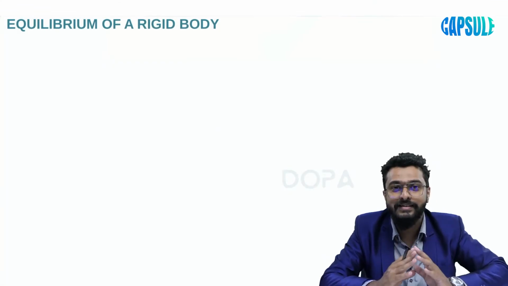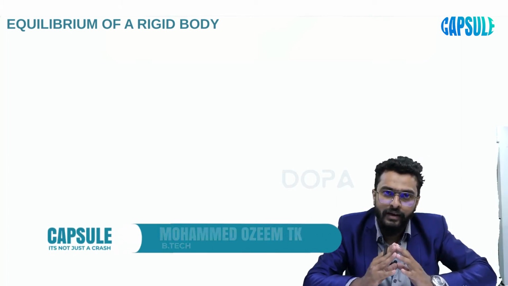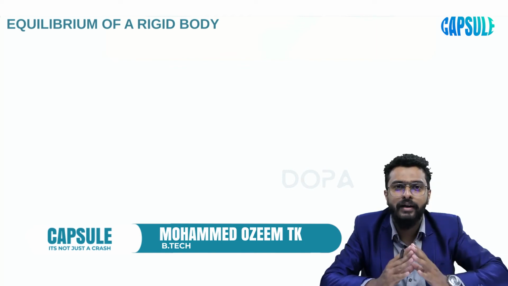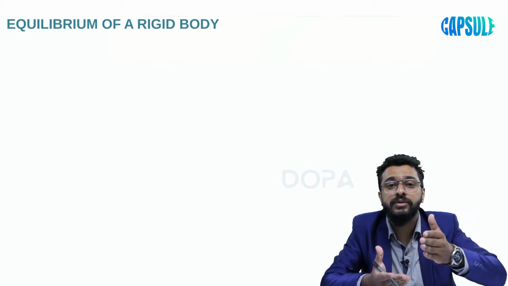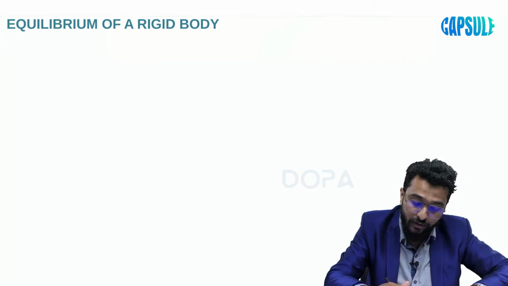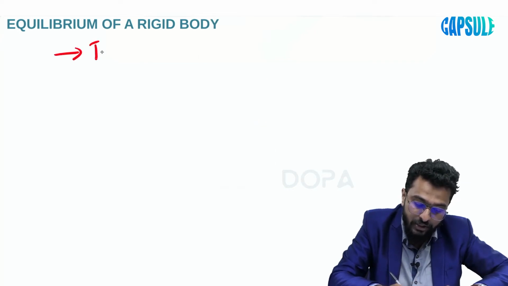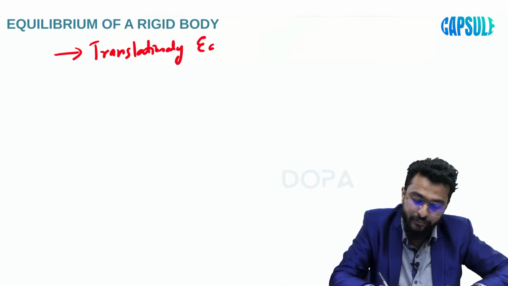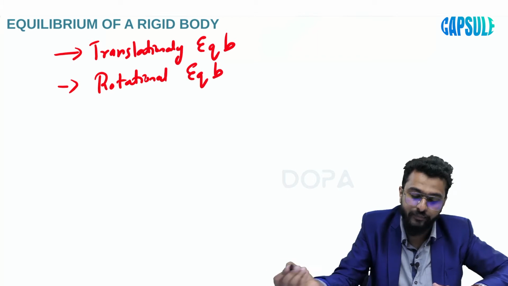Today I am going to discuss the section equilibrium of a rigid body. A rigid body is said to be in equilibrium if it is in translational equilibrium and rotational equilibrium.